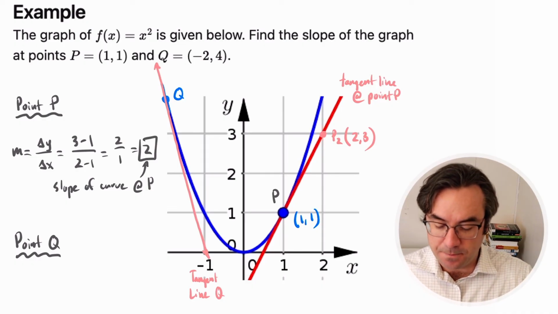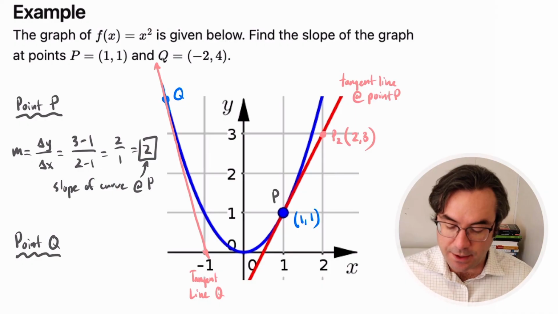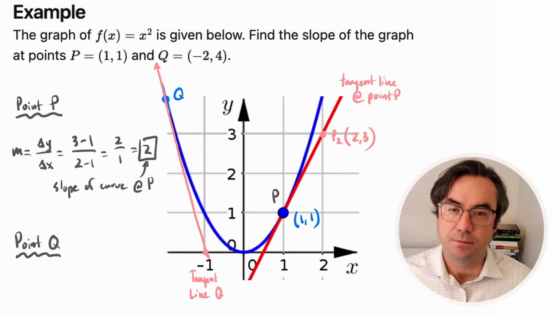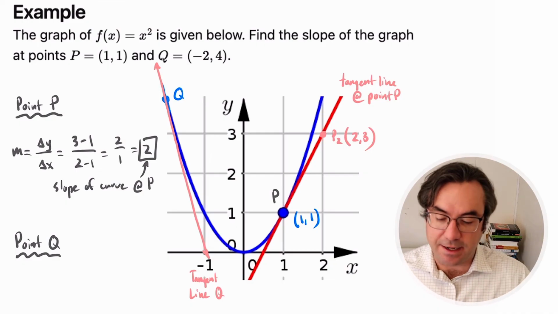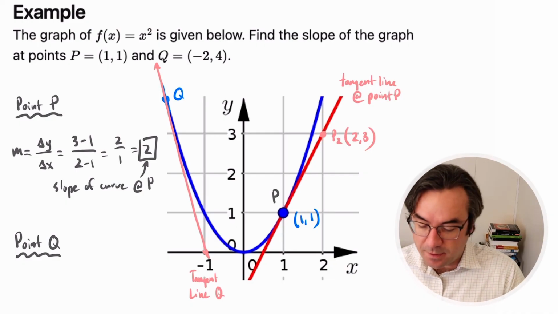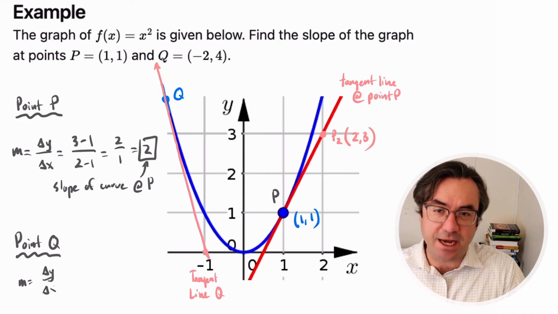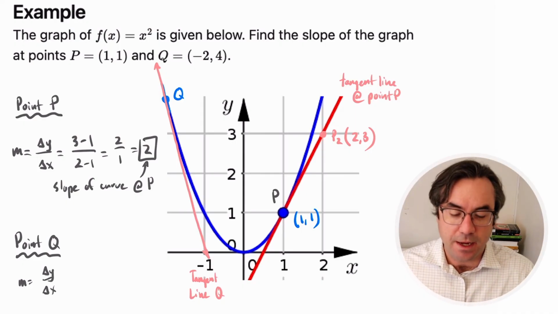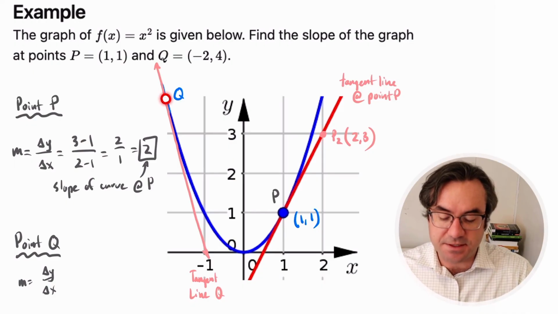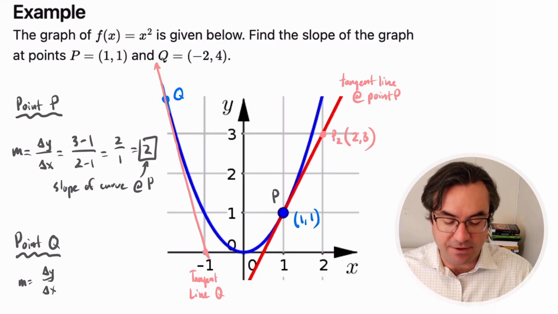All right. So now we want to figure out the slope of this line. So again, slope of a line is just change in y over change in x. And so we already know one point that sits on this line. So we're given one free point here, Q, with coordinates -2, 4.